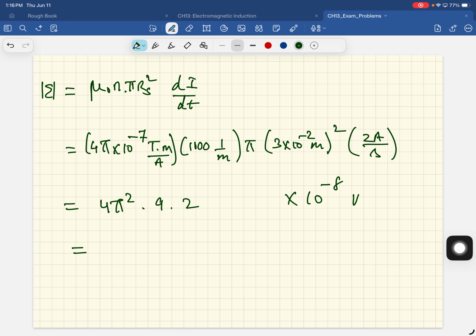So about a quarter of a turn a second. About 90 degrees or so.